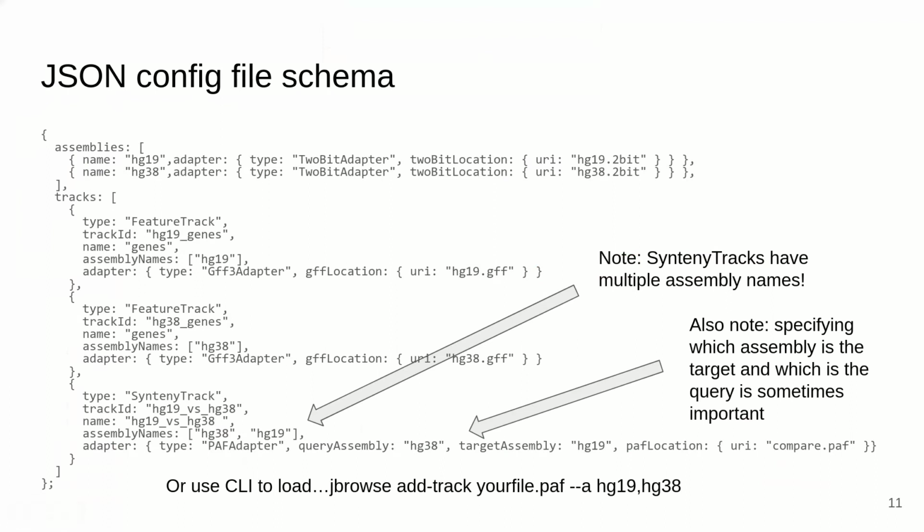And then the adapter will also indicate which assembly was the query and which was the target, which is sometimes important for identifying which columns of the data file correspond with which assembly. Note that we have an easier to use CLI than hand editing that has a simple command syntax, so you can load it such as this.